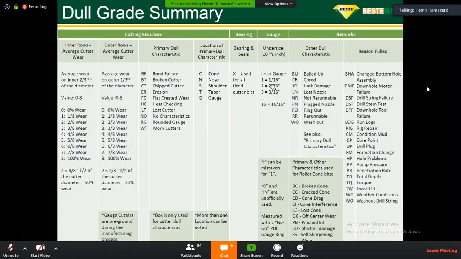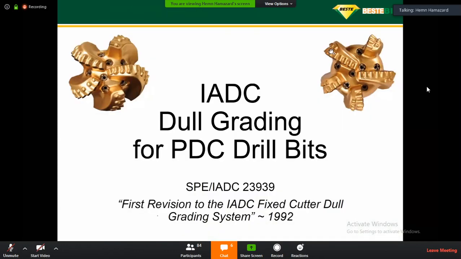And then the size of the bit. This bit can be in the hole for days, sometimes for weeks. When you run in hole from the manufacturer, it's, for example, a 12 1/4 bit, okay? When you pull out, it has drilled 1,000 meters. So there is a possibility there is some wear on the diameter, on the gauge area and the taper area of the bit. So the bit can be under gauge.